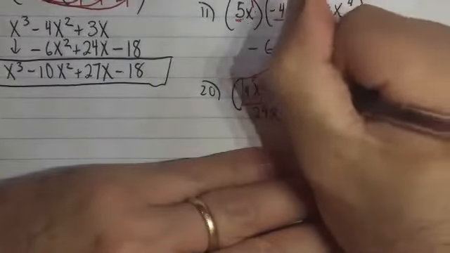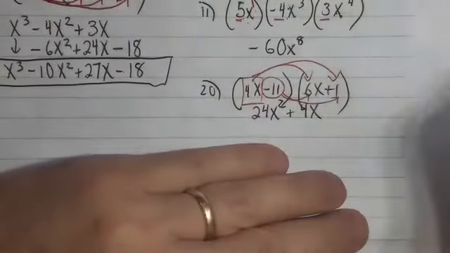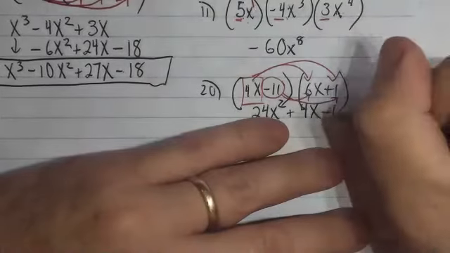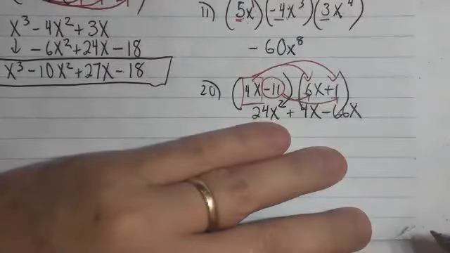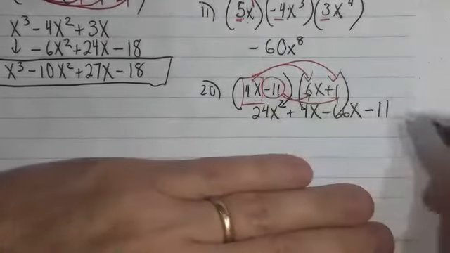Move on to my second term. Again, it's a negative 11. That's being distributed. So negative 11 times 6x gives me a negative 66x. Negative 11 times 1 will give me a negative 11.